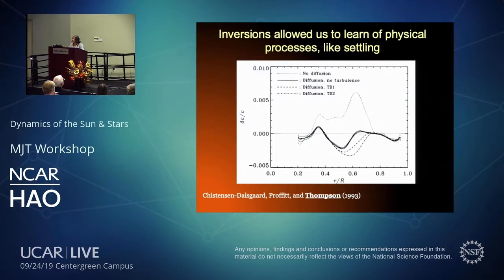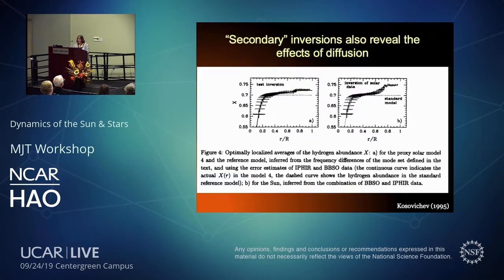One is the amount of helium in the solar convection zone, which can also be found using seismic data, and the depth of the convection zone, because having diffusion increases the depth of the convection zone because the heavy elements increase opacities.